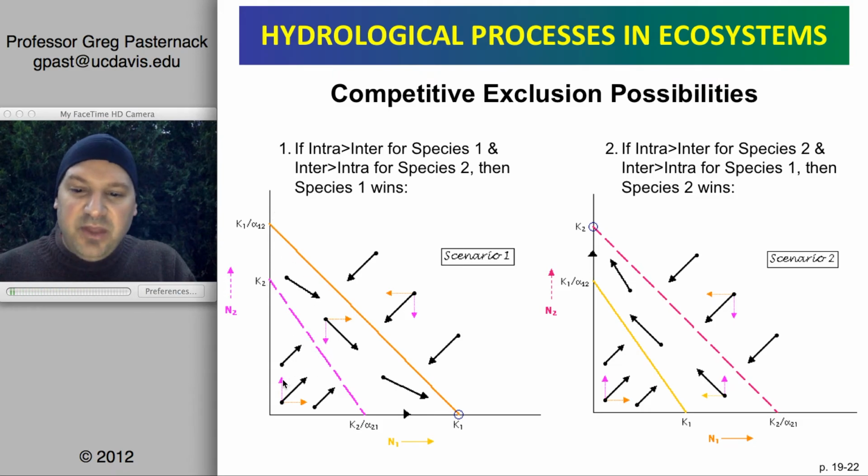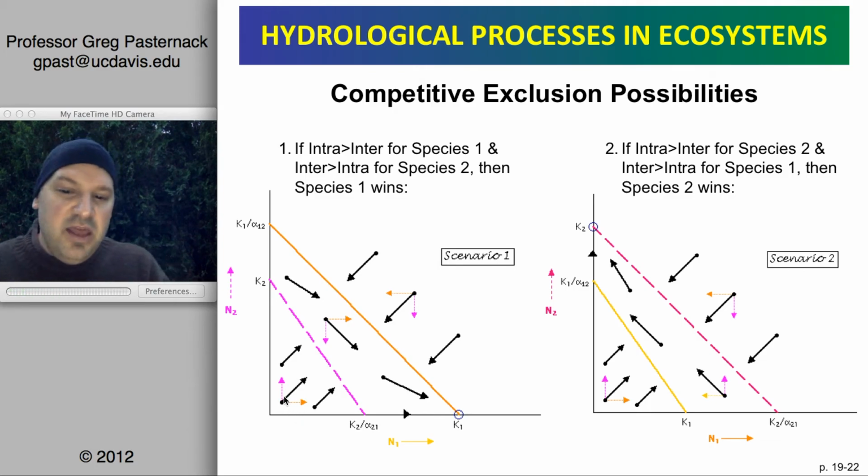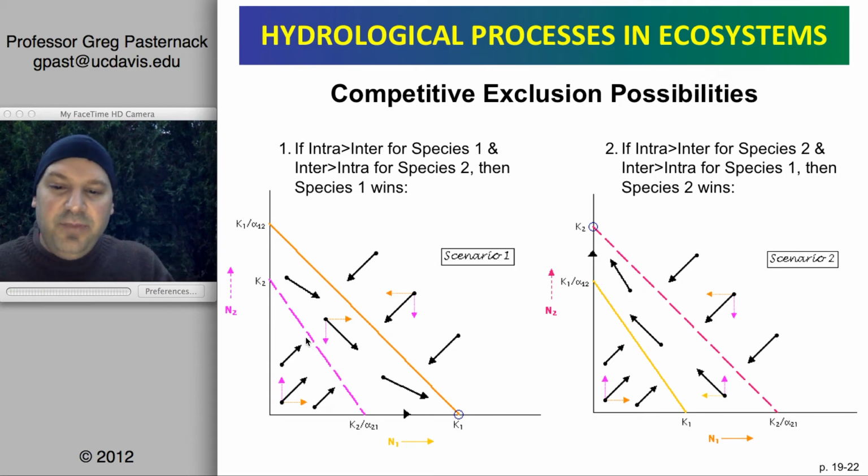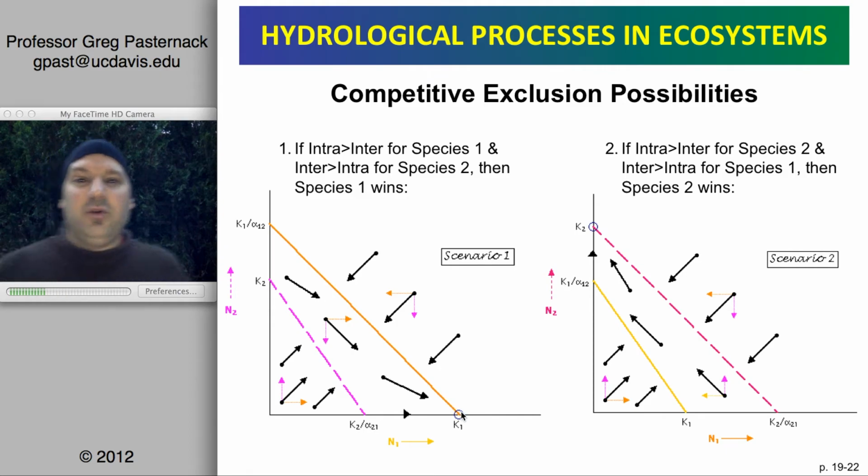And so for species 1, if we were to start with low population sizes of both, they both would have the ability to grow because there wouldn't be enough species 1 to wipe out species 2. But once they got past the line that represents that interaction relative to species 2, then species 1 really takes over and the whole population grows to the carrying capacity of species 1, and species 2 just goes away. So this is a winner-take-all scenario.